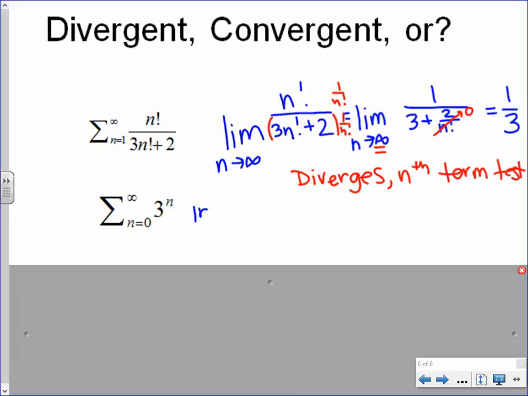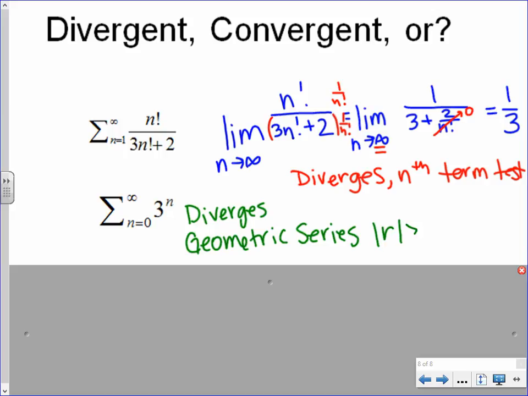The absolute value of R is greater than 1, right? So, what I would need you to write is that this series diverges because it is a geometric series where the absolute value of R is greater than 1. That would be what I need.